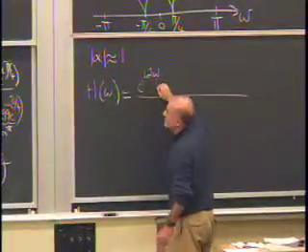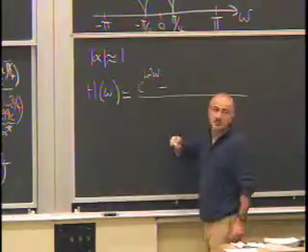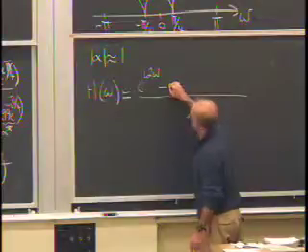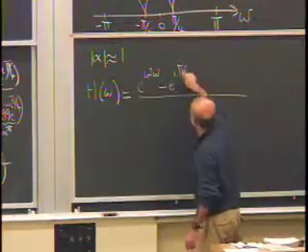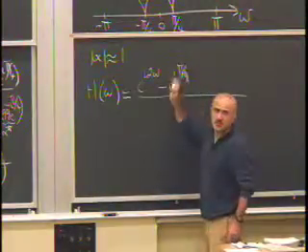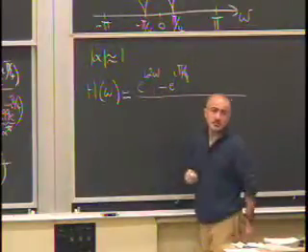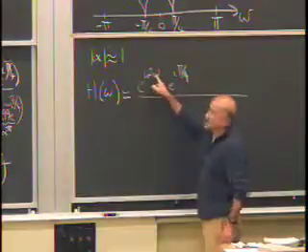Minus e to the I pi over 4. Can you give it to me after you've cleaned it up a bit? You've cleaned up and collected all the same powers of e to the I omega. Do you have that?